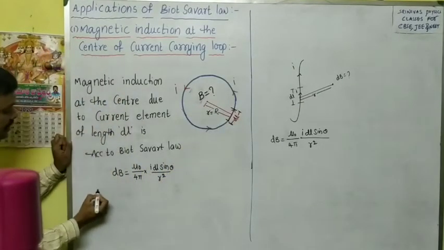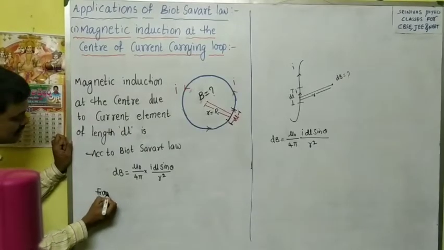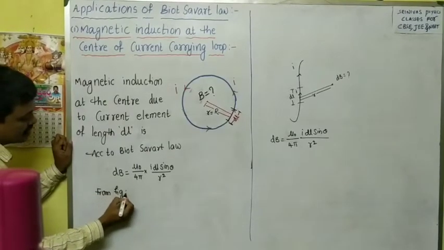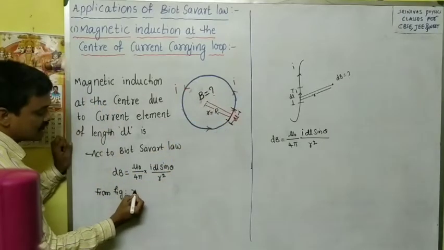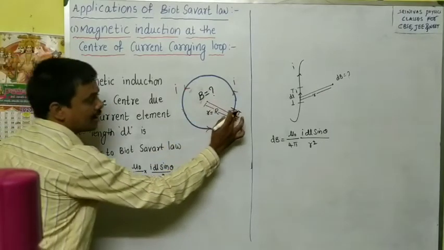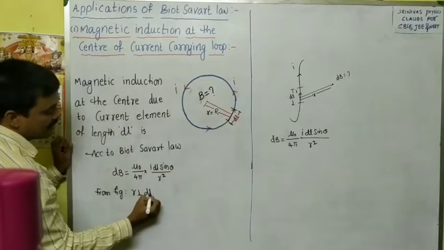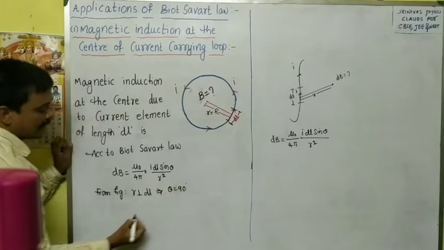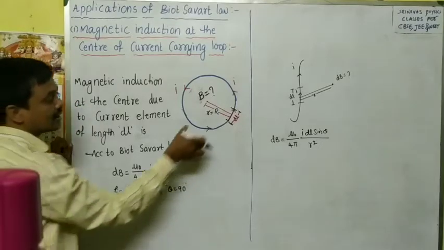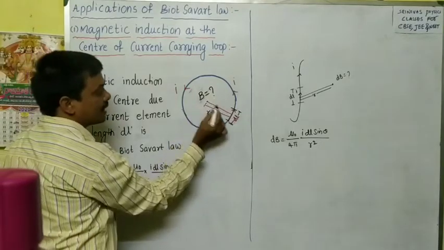But here, from the figure, r is perpendicular to dl, since the radius is always perpendicular to the arc. So θ is 90 degrees. One more point: the small r is the distance of the point where we are finding B from the element.